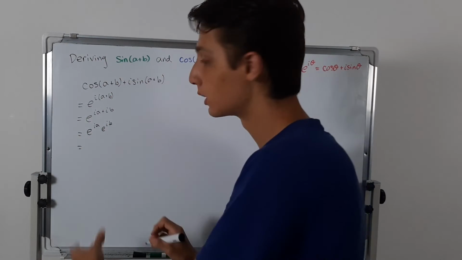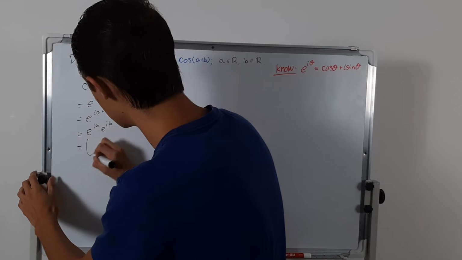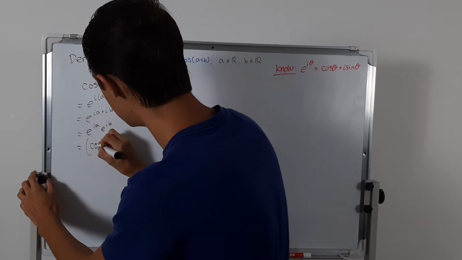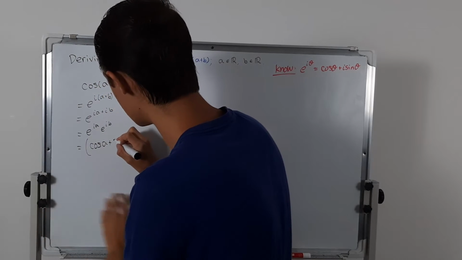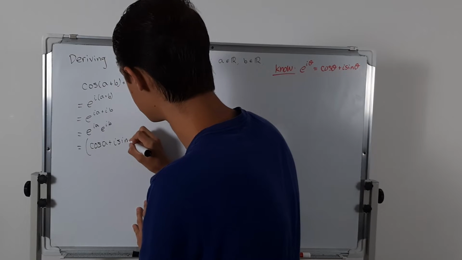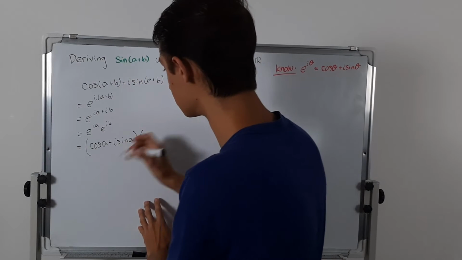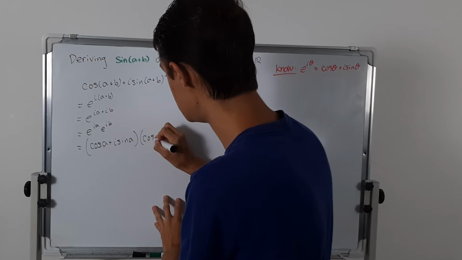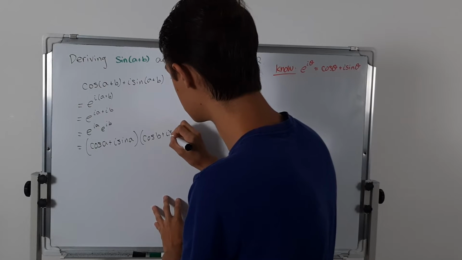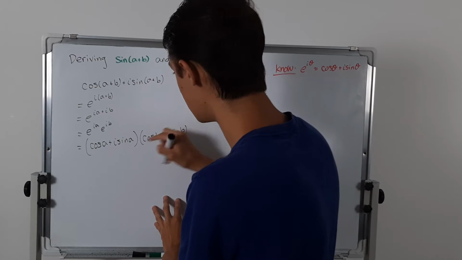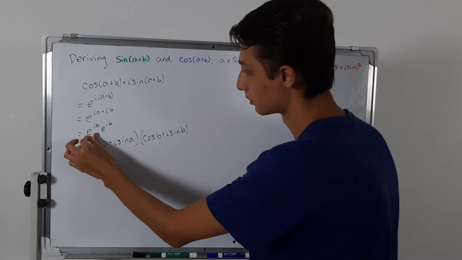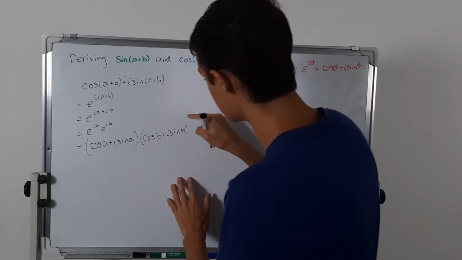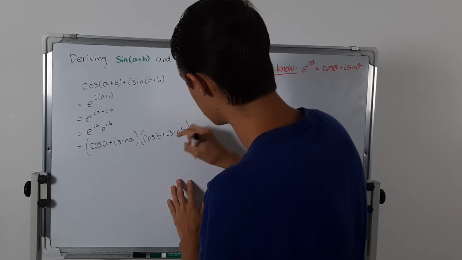So we have cosine of a plus i times sine of a, and that multiplied by cosine of b plus i times sine of b. Okay, and this comes from this first one, and then this comes from the second one.